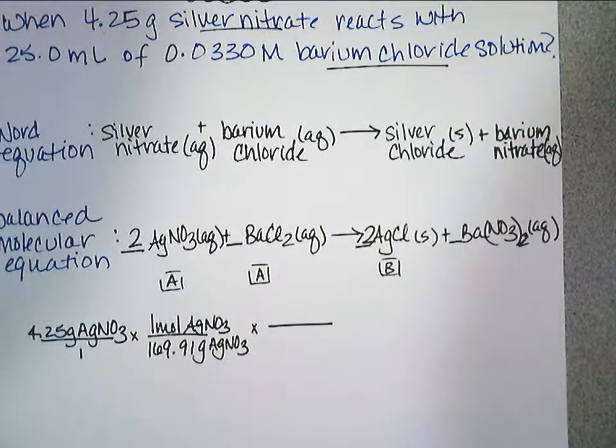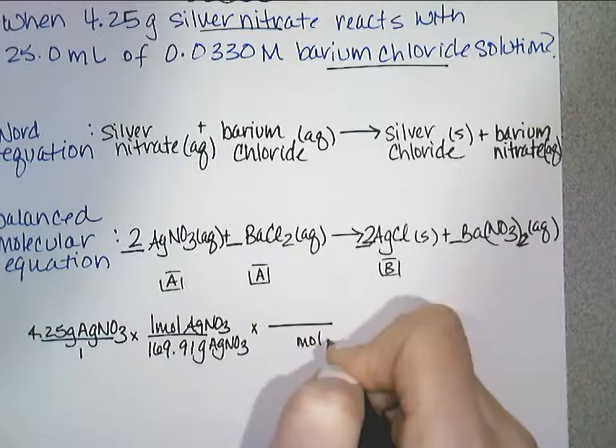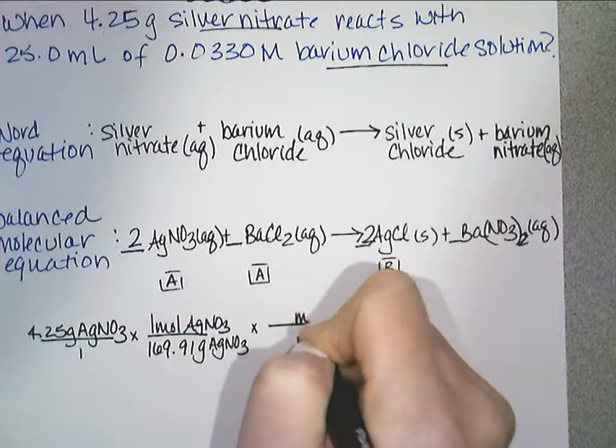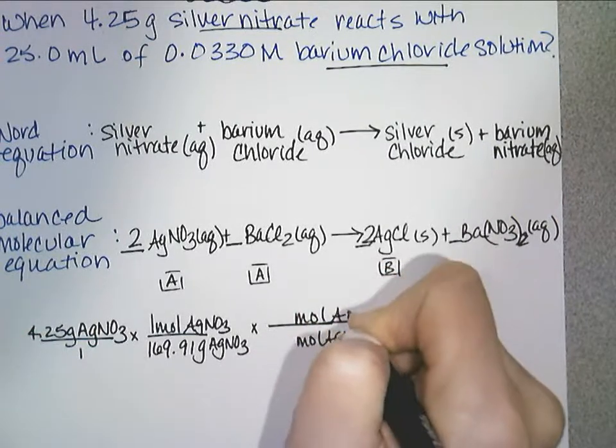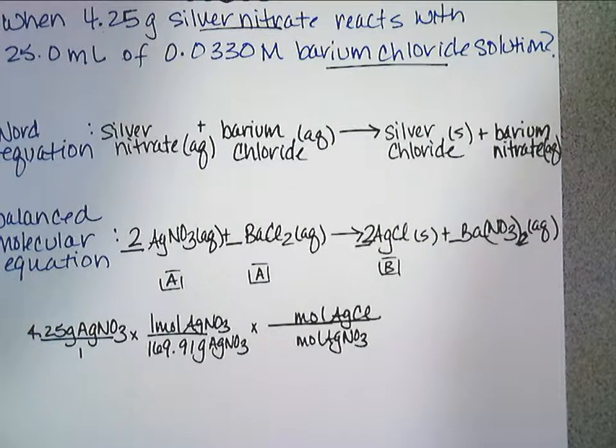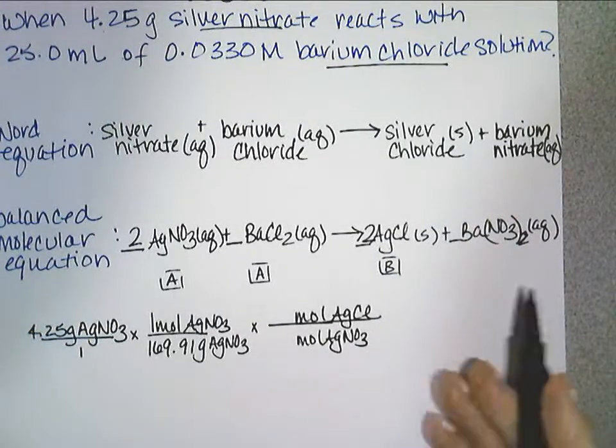And then we use the mole ratio to cancel the moles of A, so we can calculate the moles of B, which is AgCl. From the balanced equation, we can see that for every 2 moles of AgCl that get produced, 2 moles of AgNO3 must react.